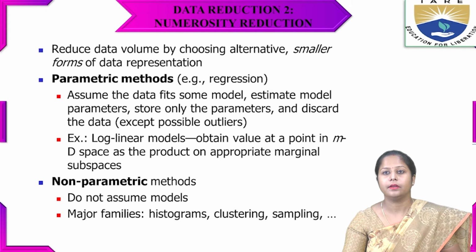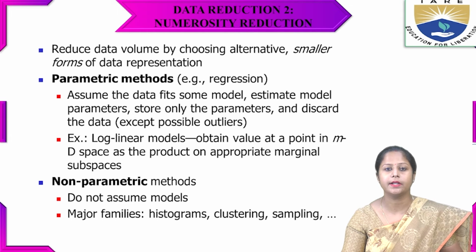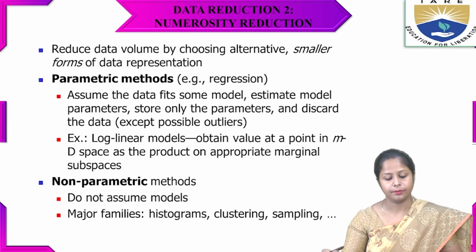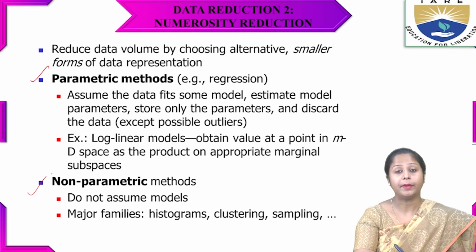Data numerosity reduction is another method for data reduction. What will we do? We reduce data volume by choosing alternative, smaller forms of data representation. The methods are parametric and non-parametric.